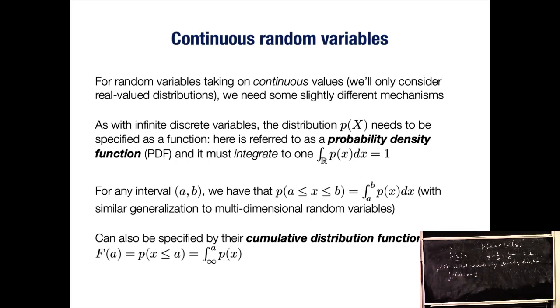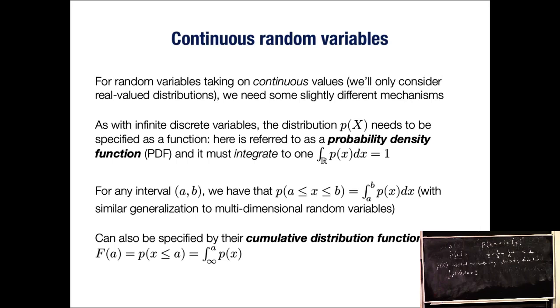All the other rules generalize similarly. For example, the expectation of a continuous random variable x is the integral of x times the density of x dx. So you take the value multiplied by the density function and integrate that over the whole real line.